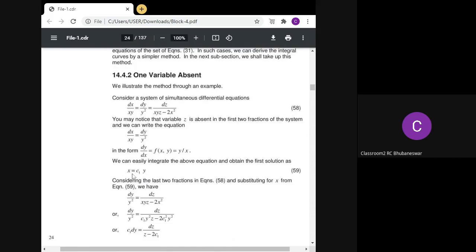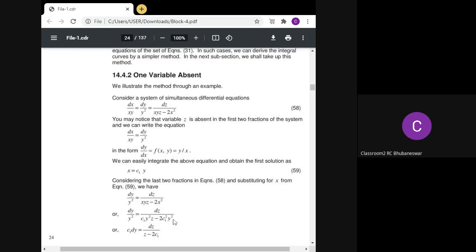So here we are using the value of x equals c1 y in the last fraction, where x square becomes c1 square y square.